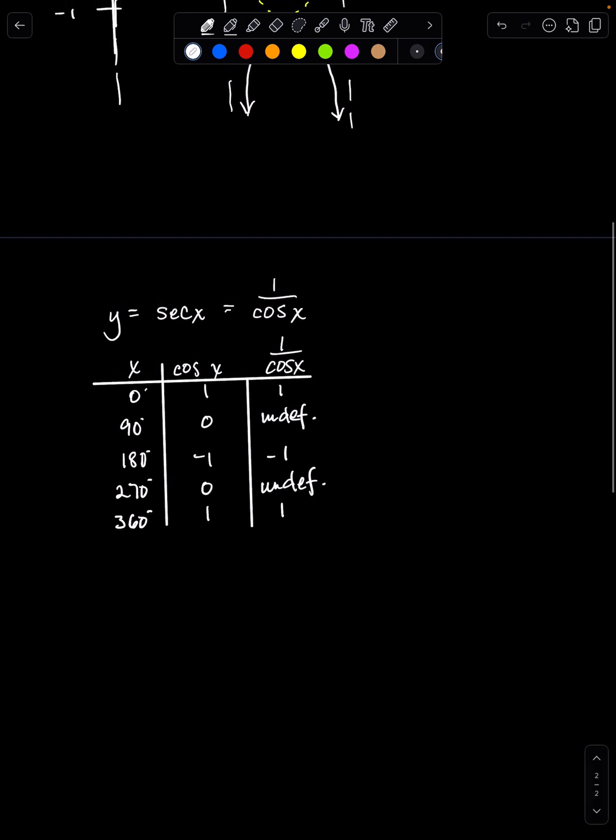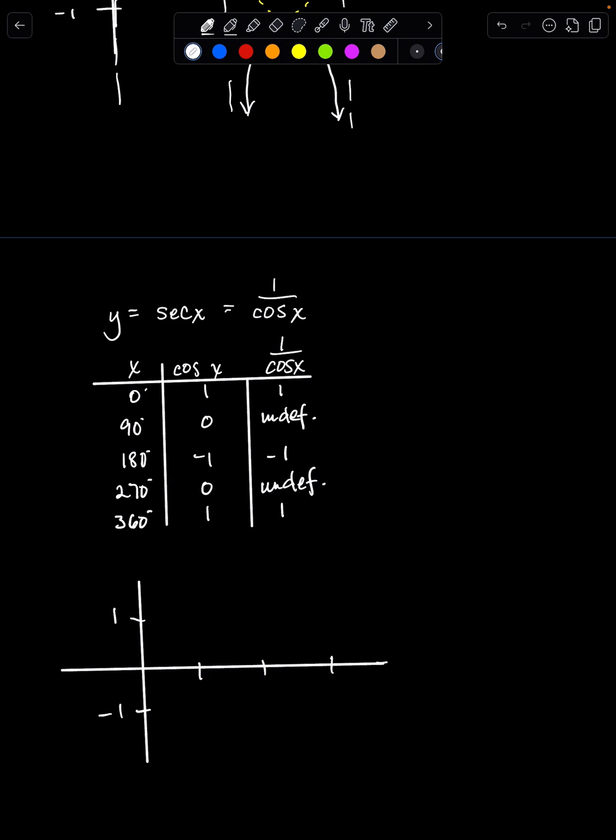All right, so let's look at the graph of this. I'm actually going to do the same thing here. I'm going to graph my cosine function in yellow so you can see it.